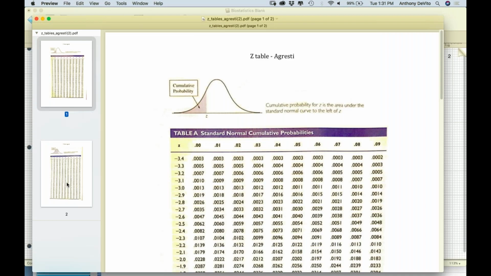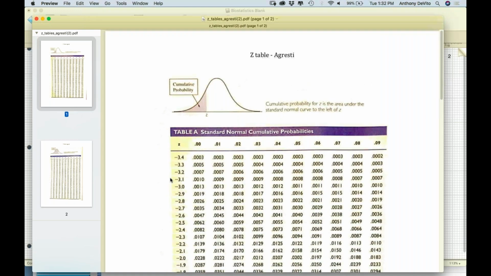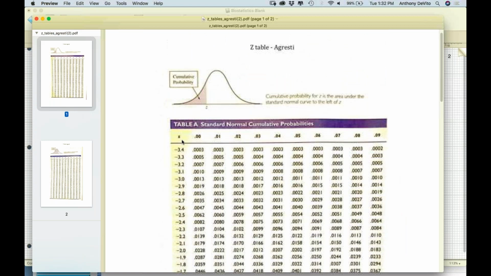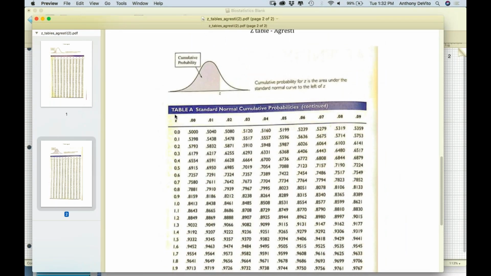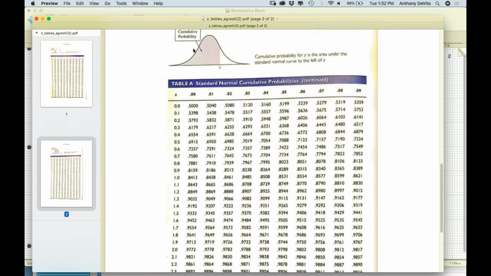It's actually 2 pages. The one in the textbook and this one happen to be 2 pages. They have all the negative z-scores, 0 and negative to negative 3.4, and positive z-scores 0 to plus 3.4. And that represents the z-values above the mean and the z-values below the mean.